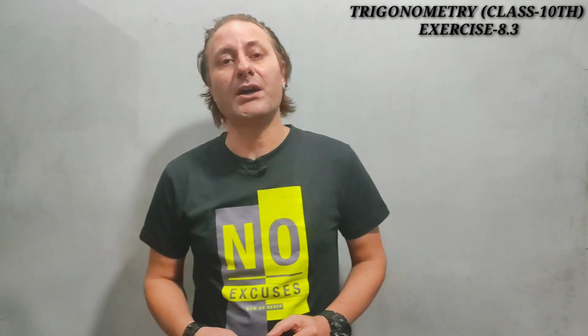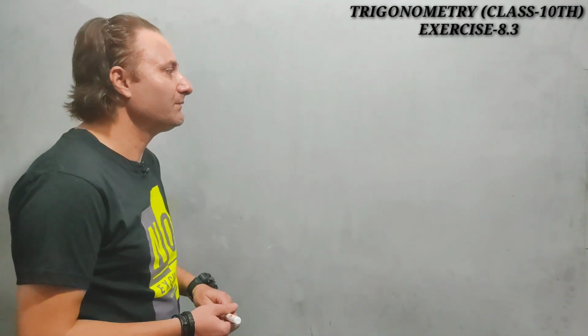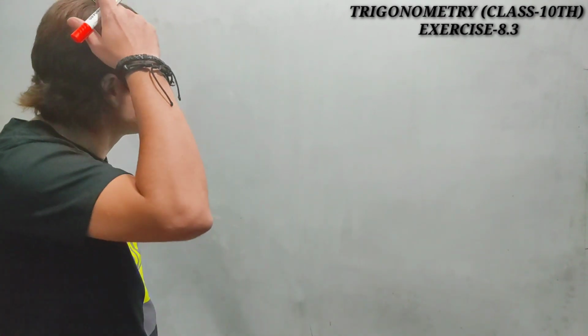Before we start the questions of this particular exercise, we need to know a few formulas which we are going to use in this exercise and even in the next exercises as well. These formulas are good for students in class 10th, 11th and 12th as well. So first I will just jot down a few formulas that will be beneficial.